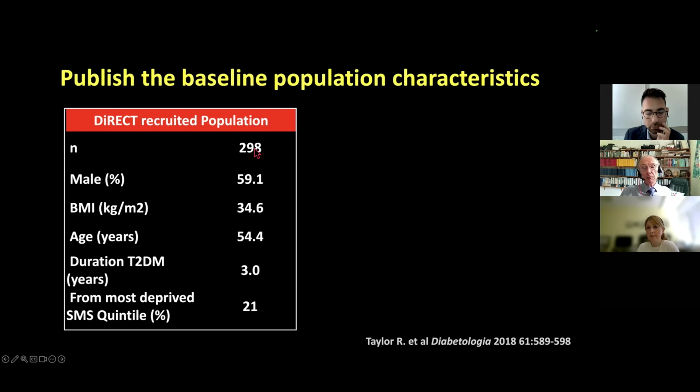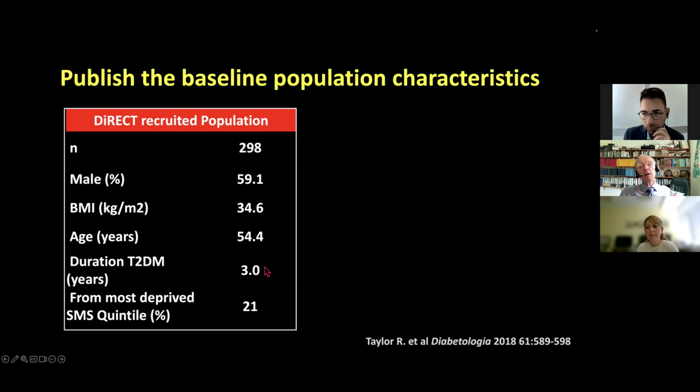Nearly 300 people, and they were randomized 149 to the weight loss intervention or to best treatment according to national guidelines. Unusually for a weight loss study, there was a slight majority of men. BMI 34.5 and otherwise unremarkable.